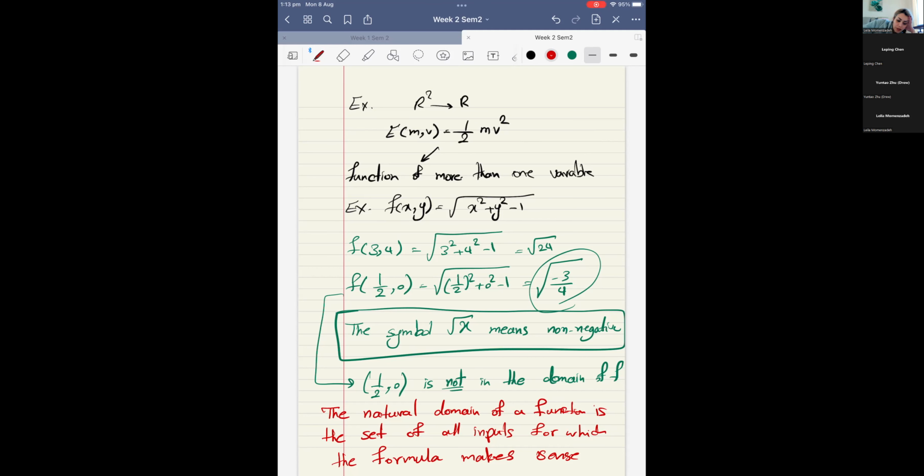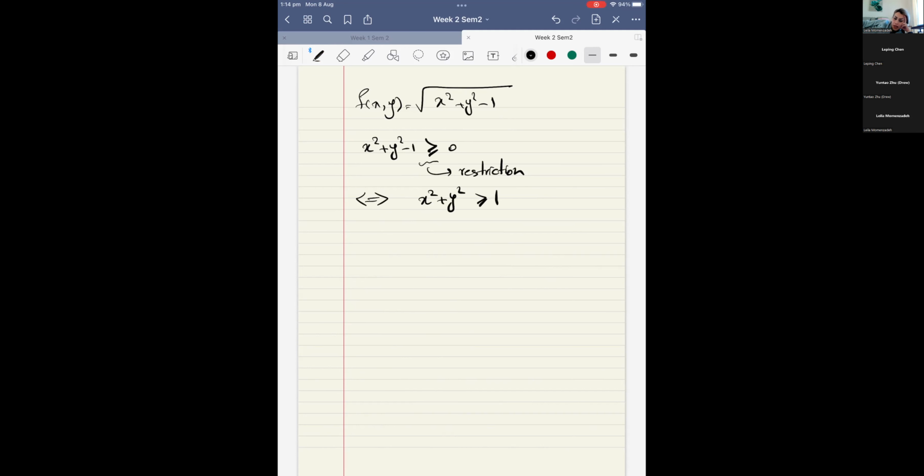If I show this in the plot, I mean if I show you f of x and y, the square root of x squared plus y squared minus 1, it means that x squared plus y squared minus 1 should be more than or equal to 0. Yes, this is your restriction. It means that x squared plus y squared is more than or equal to 1.